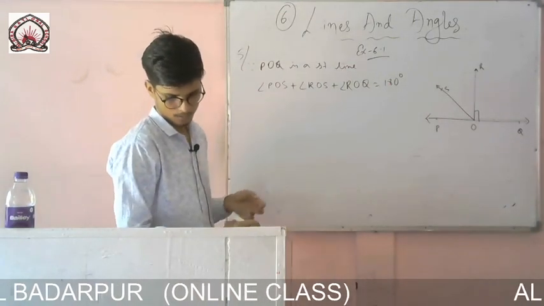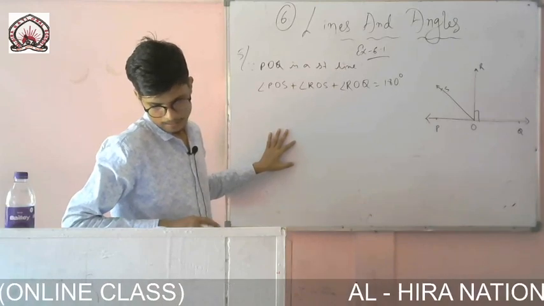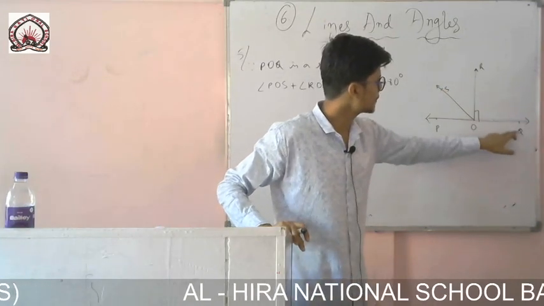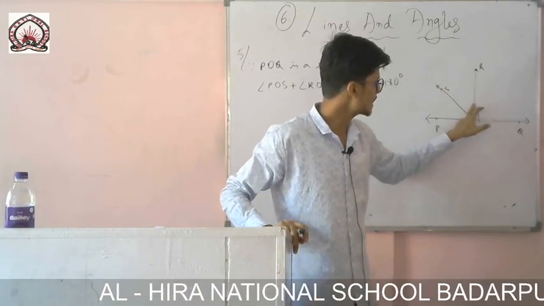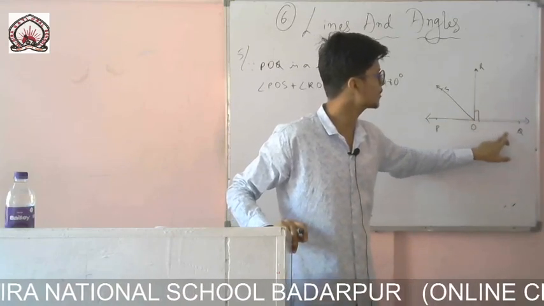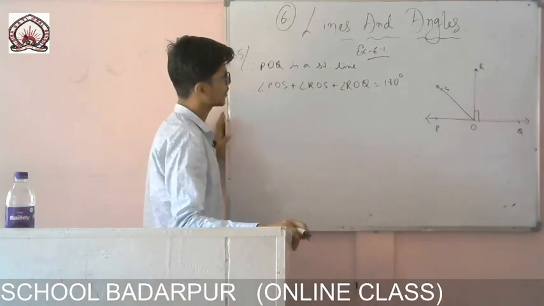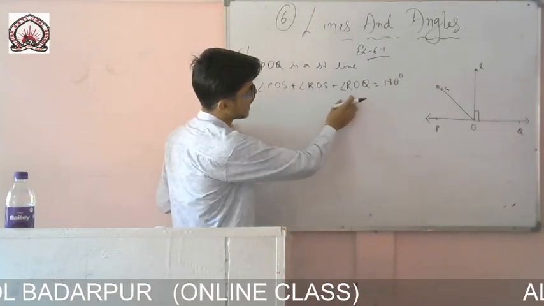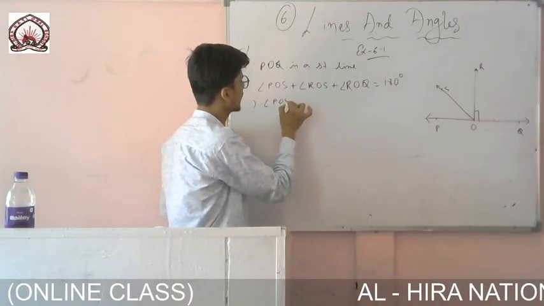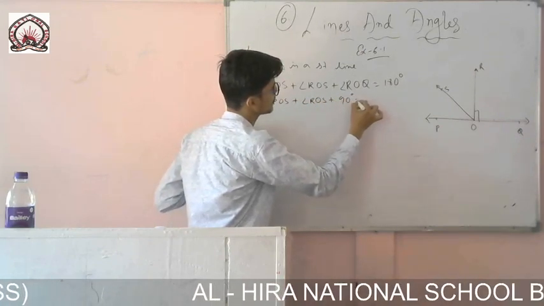Okay, so now in the question you see it is given that OR is perpendicular to line PQ, that means this angle is equal to 90 degree. Perpendicular means that this angle is equal to 90 degree, that means ROQ is equal to 90 degree. So angle POS plus angle ROS plus 90 degree is equal to 180.